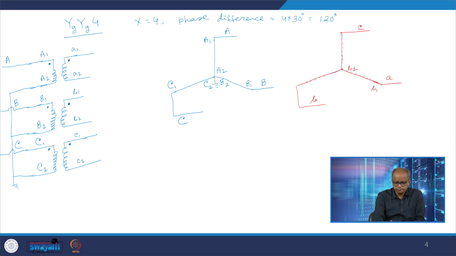So if these terminals are capital C1, capital C2, then these terminals must be small c1, small c2. And this vector and this vector are parallel. So if it is capital A1 and capital A2, then this also must be small a1 and small a2.